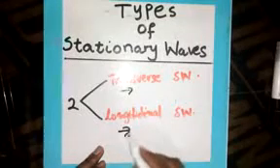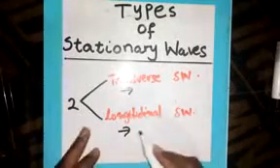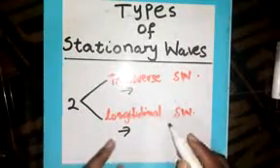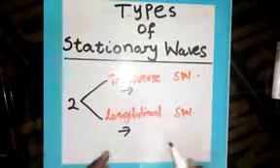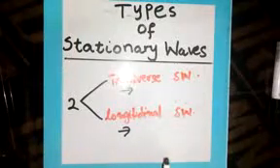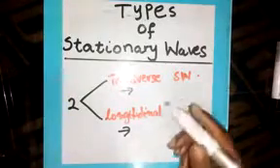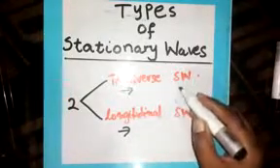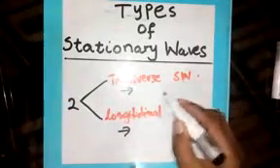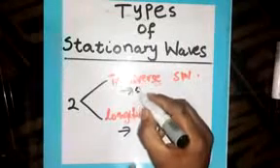Here we need to have two longitudinal waves traveling in opposite directions. We are going to get longitudinal stationary waves. An example of transverse stationary waves is stationary waves in vibrating strings.